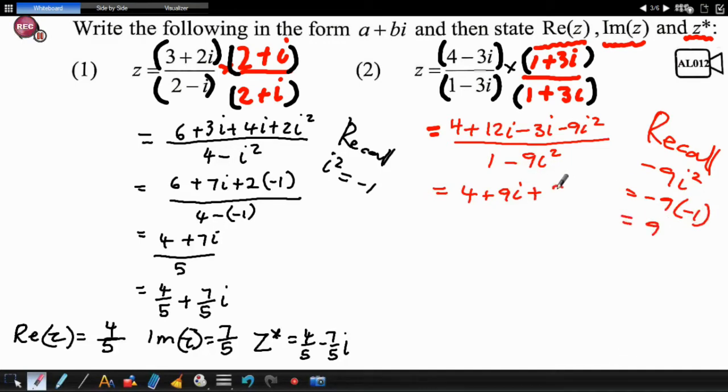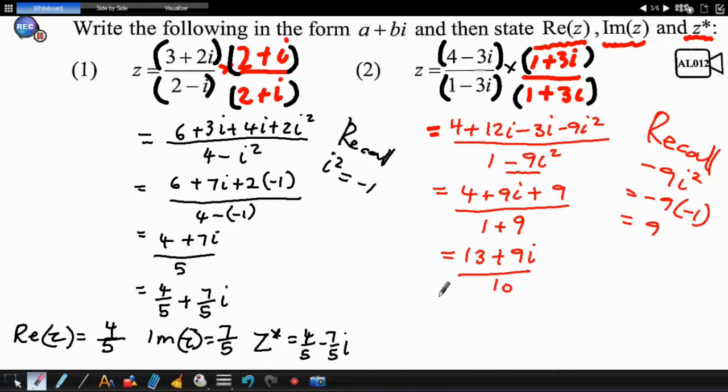So let's just go ahead and write positive 9 over. This also, again, we have negative 9i squared. That means it's going to be 1 plus 9, because we've seen that this negative 9i squared is just 9. So the answer then will be 4 plus 9, which will give you 13, plus 9i over 10.